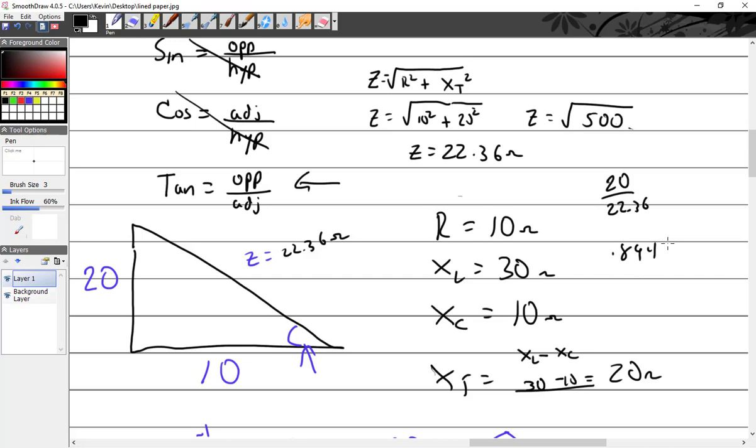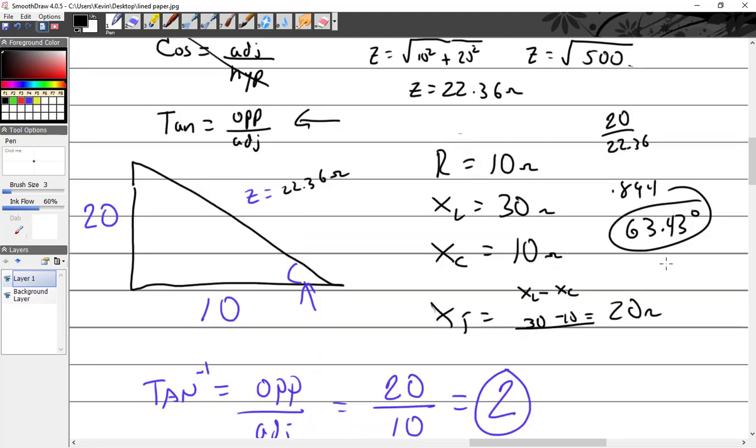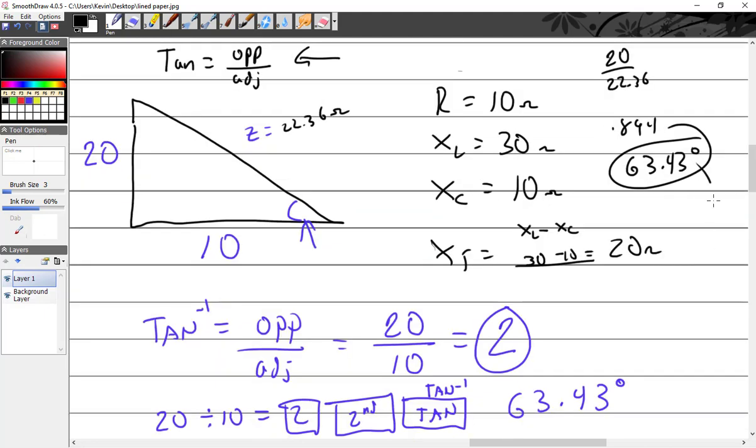I'm going to hit second sine, and I get, thank God, 63.43 degrees. That number sounds vaguely familiar. We got it right there. So you can just do it again and recheck if your z is correct. You can even use that to check your z to make sure it was correct.